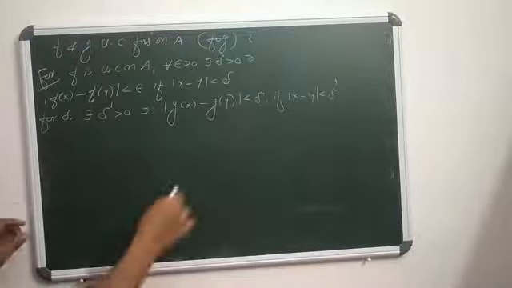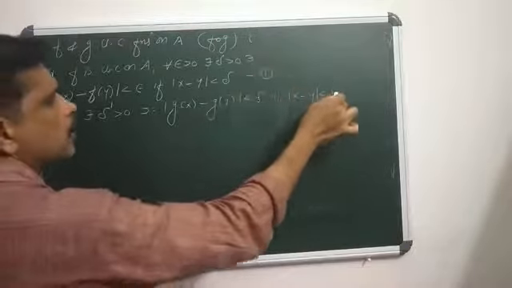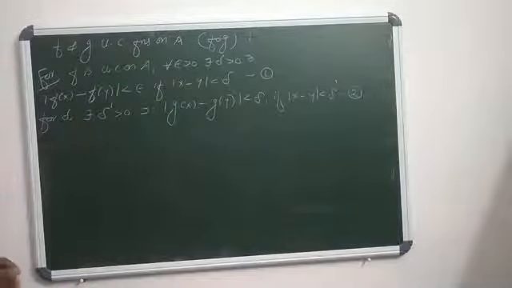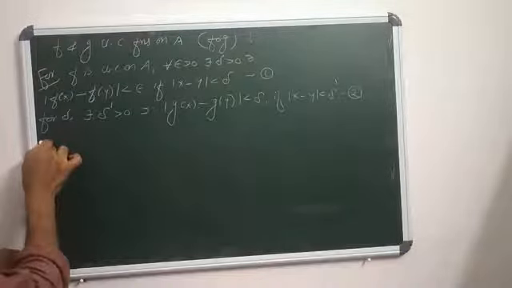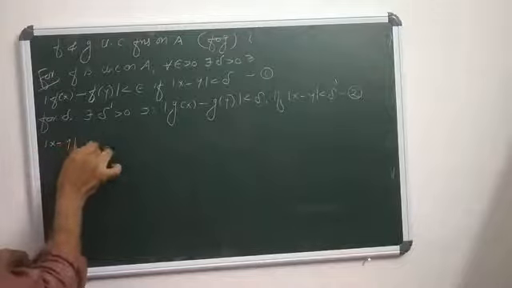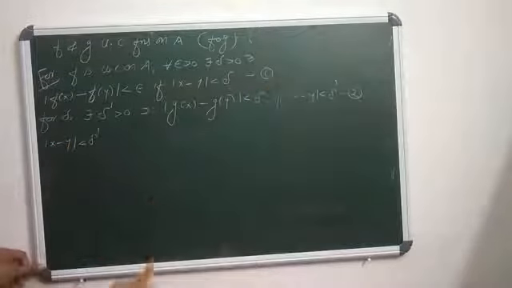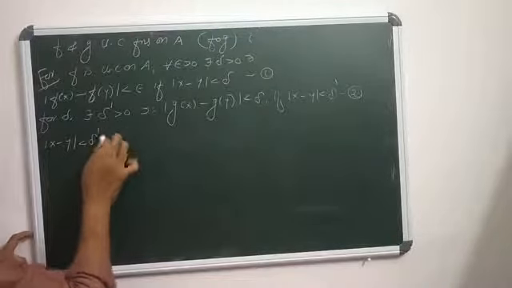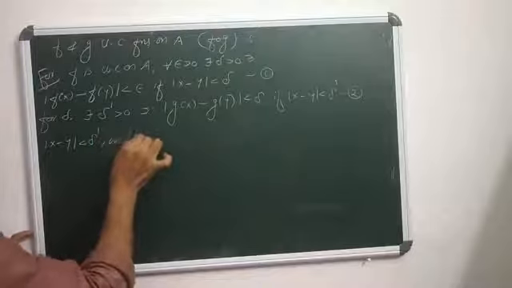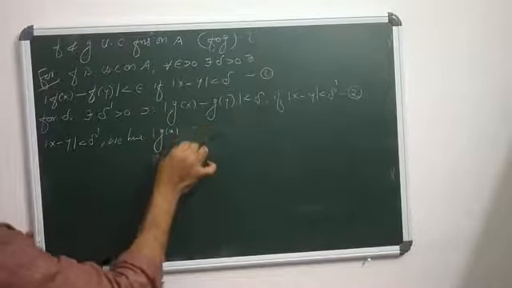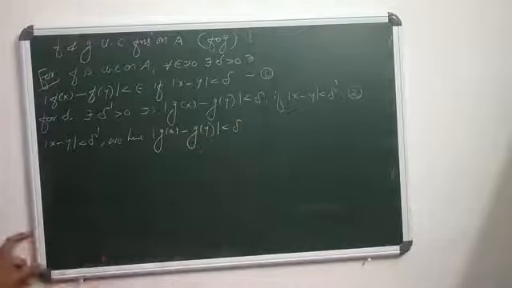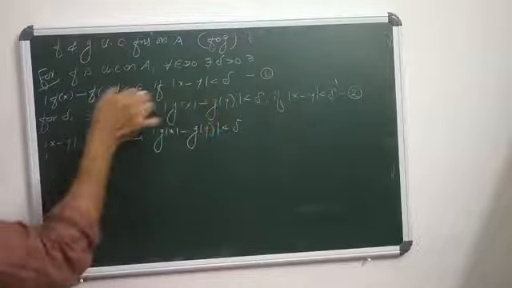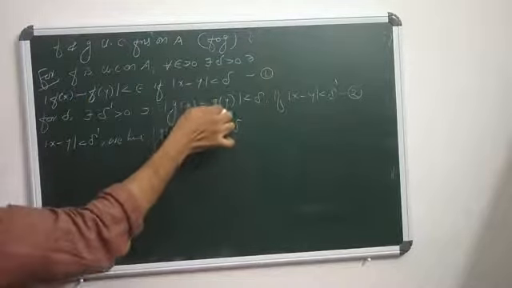So consider these two results. This is equation 1 and this is equation 2. Combining these two results, if modulus of x minus y is less than delta dash, we have modulus of g of x minus g of y less than delta. Instead of x, g of x; instead of y, g of y.